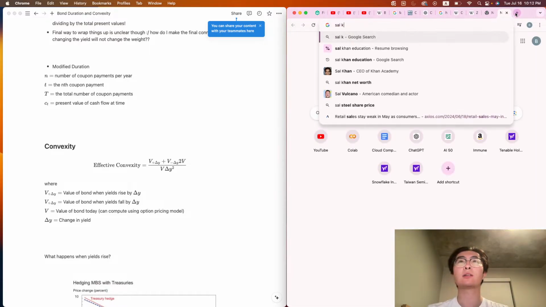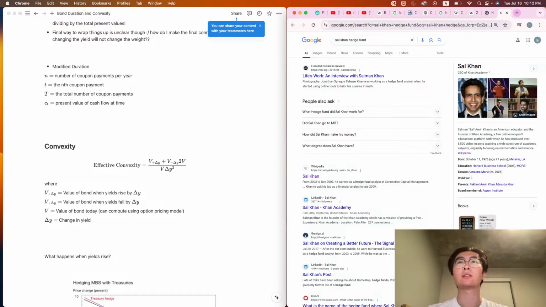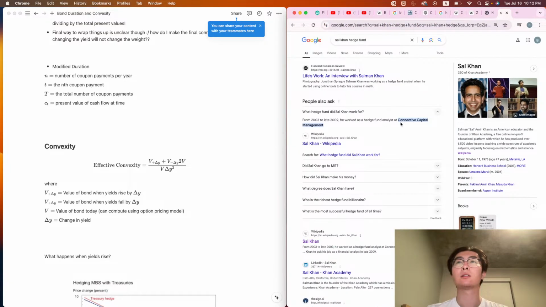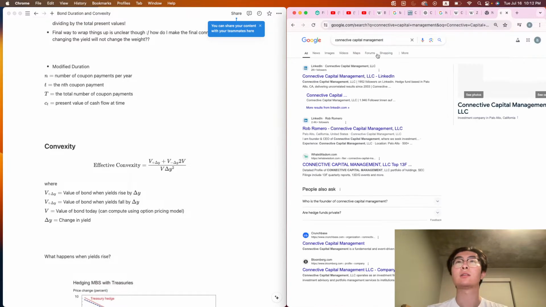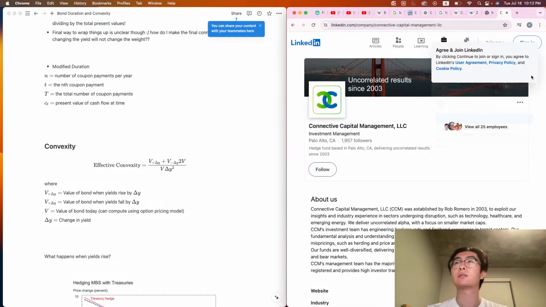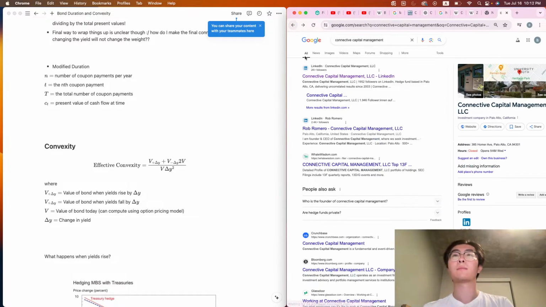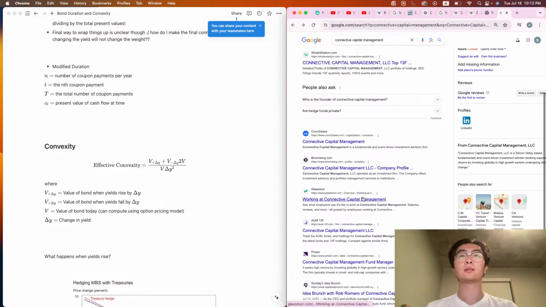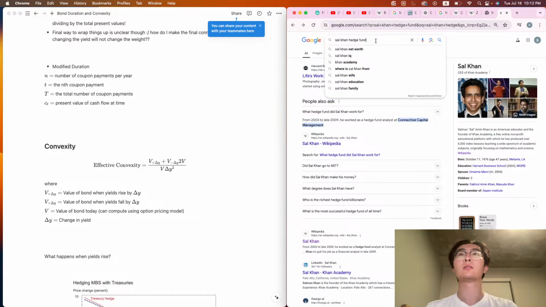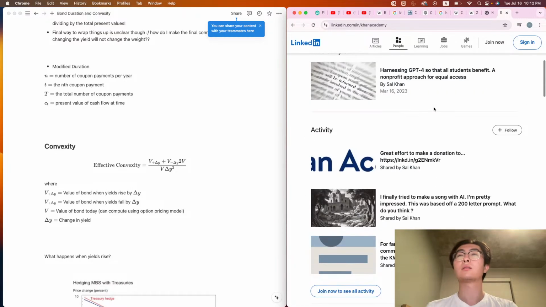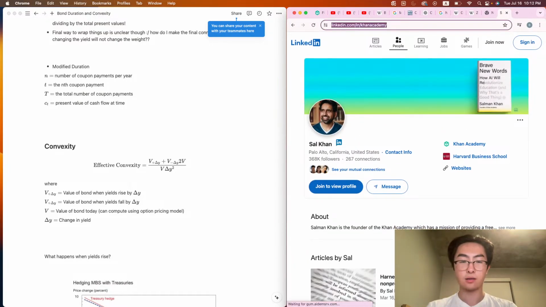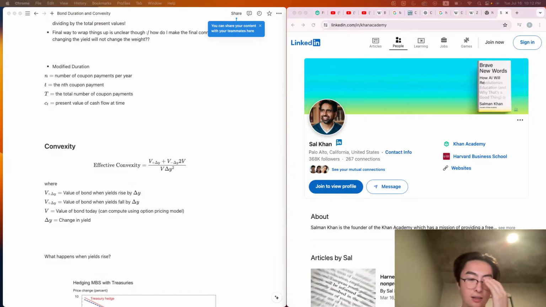Okay, wait, so Sal Khan hedge fund. Connective capital management. Me getting distracted, looking up Sal Khan on LinkedIn.